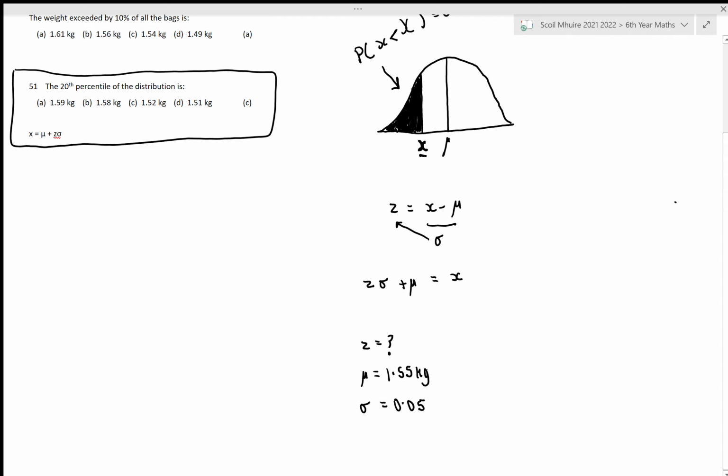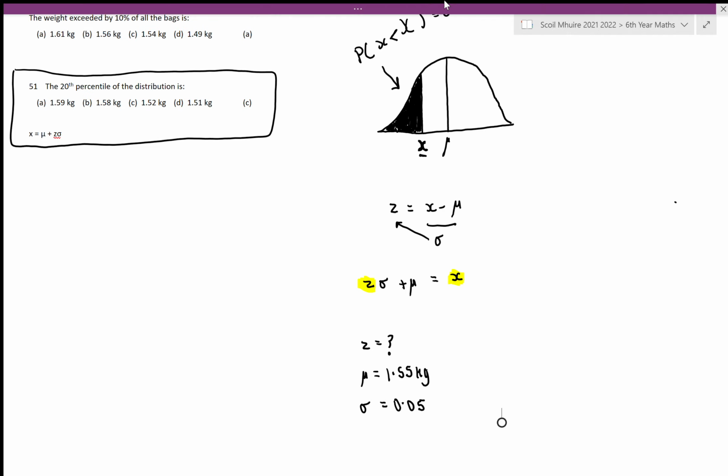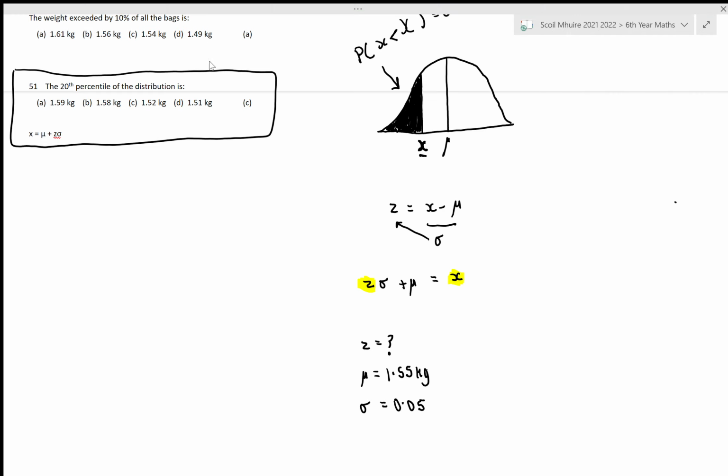Okay, so I have my formula. I can see that in order to find my value of x, I first need to find the corresponding z value. So before we substitute into our equation, let us try and find z. How do we find z?